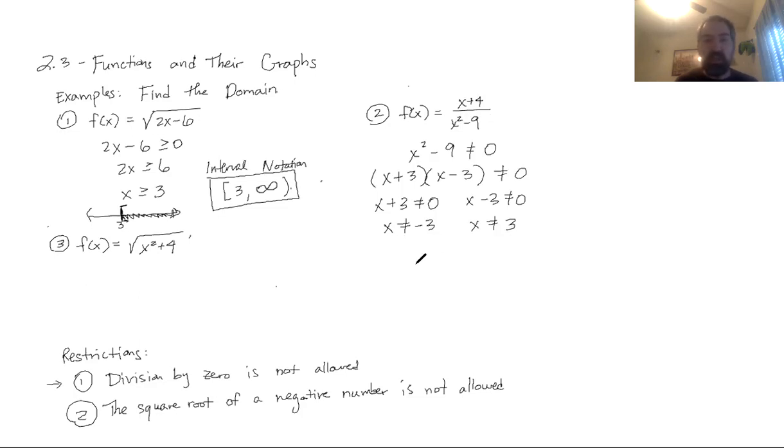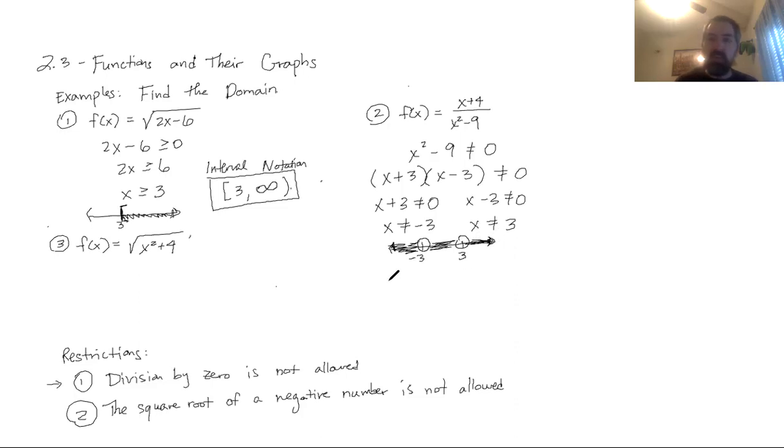Okay, so how do we write that in interval notation? Right, again, if you like the number line, think about what this would look like on the number line. The x values can be anything except -3 and +3. So it can be anything to the left of -3, anywhere between -3 and 3, anywhere to the right of 3. So how would we write that?